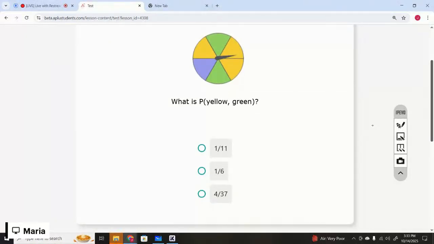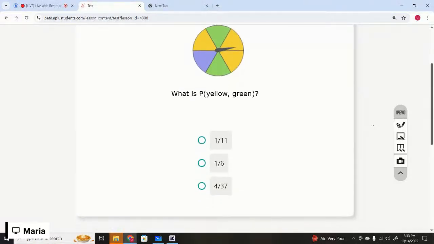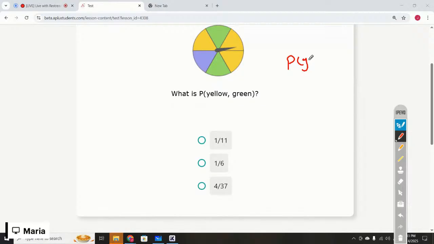What is the probability of yellow and green? The probability of yellow is 3 over 6 and the probability of green is 2 out of 6. So 3 by 6 times 2 by 6.